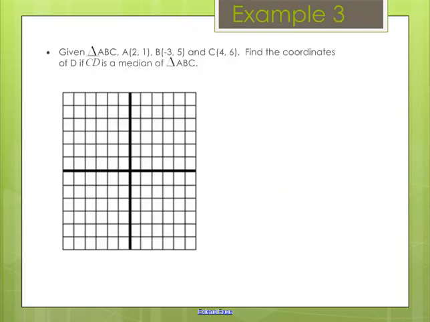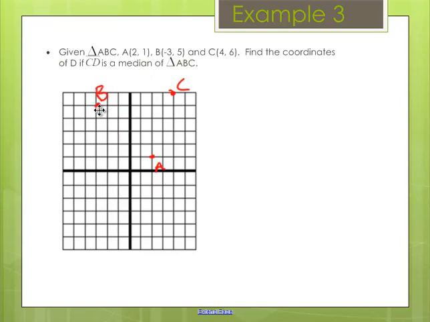Alright, triangle ABC has these coordinates, so let's go ahead and graph them. If you can, draw a quick sketch on your paper also so that you have a graph to follow along with. Graph point A, graph point B. Be sure you label them. It'll be real important as we're going through this. And here's point C. Let me get some straight lines going between those.